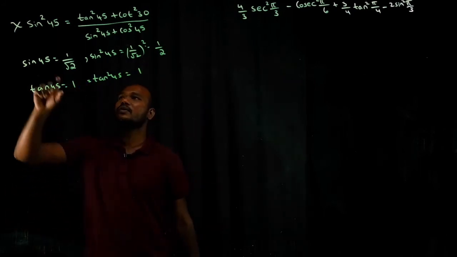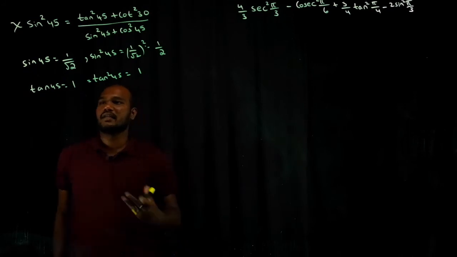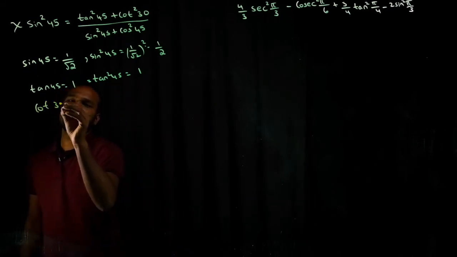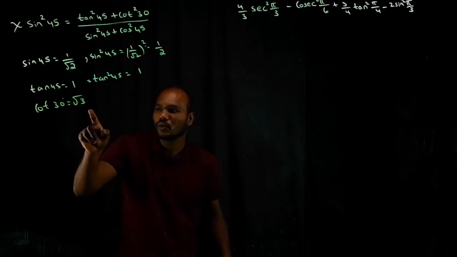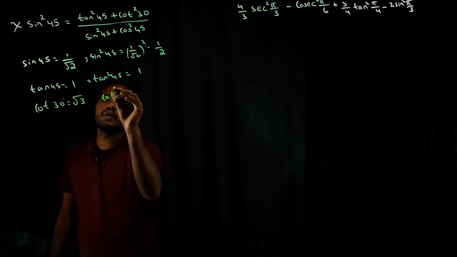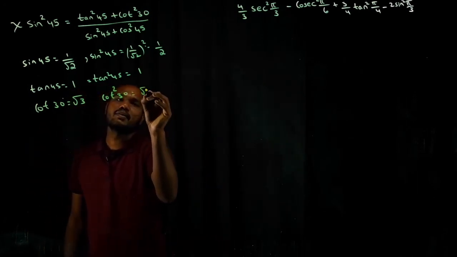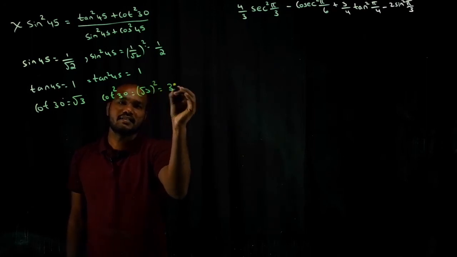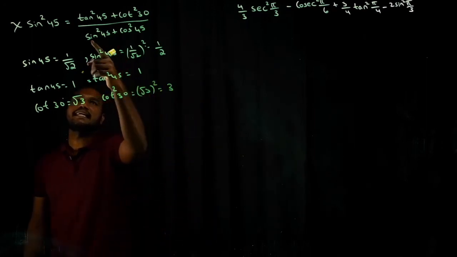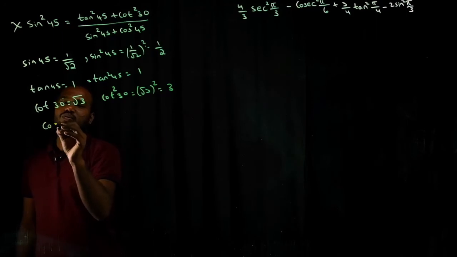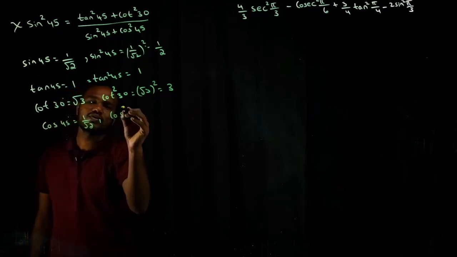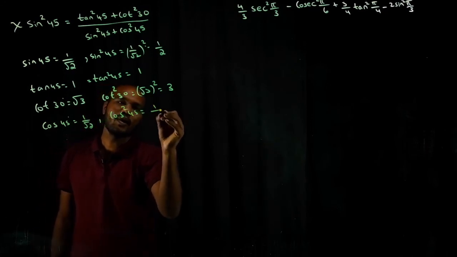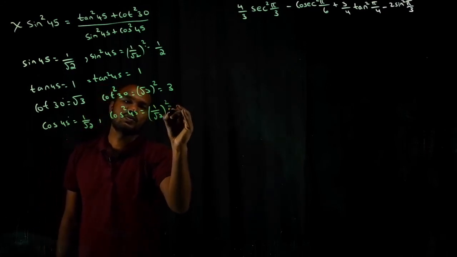The next thing we need is cot 30. Cot 30 degree is root 3, so cot² 30 is root 3 whole square, that is 3. And cos 45 degree is again 1 by root 2, so cos² 45 degree is 1 by root 2 whole square, that is 1 by 2.